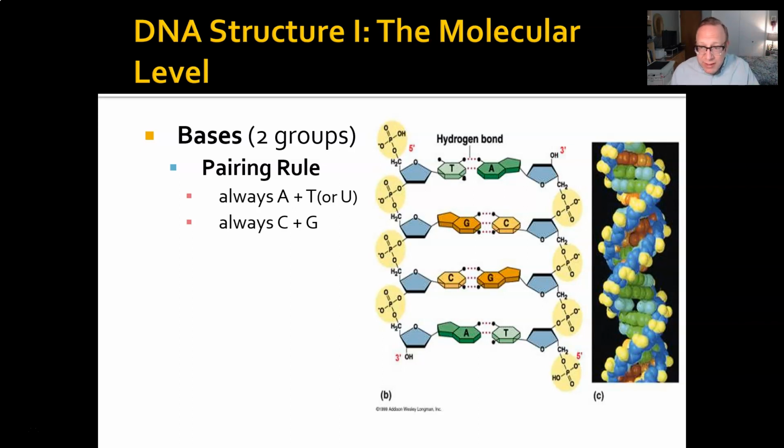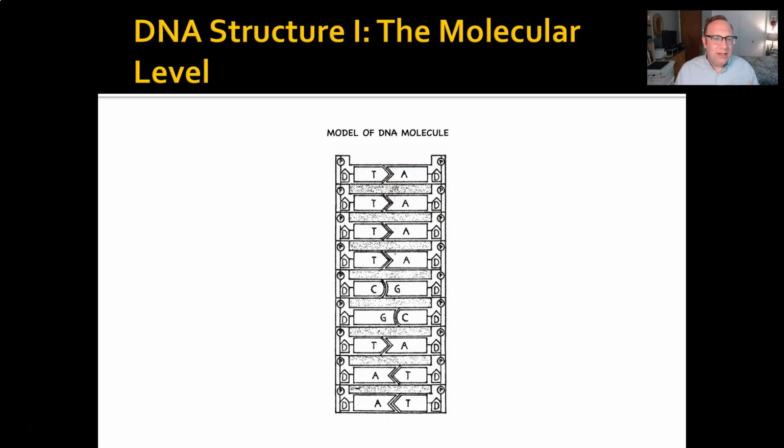These are the only combinations you can have. A and T, or C and G. That's it. And that little rule actually gives us a great deal of variety of different forms that we can actually encode information with.